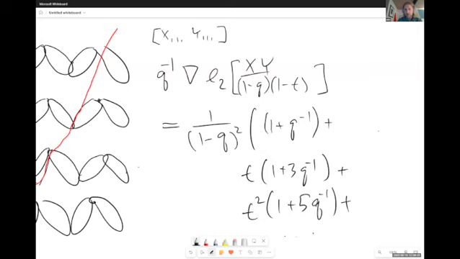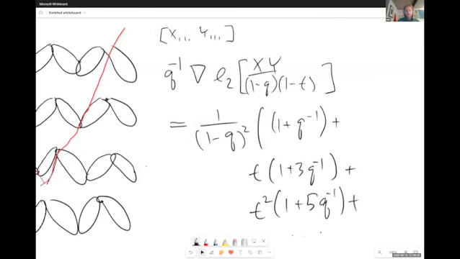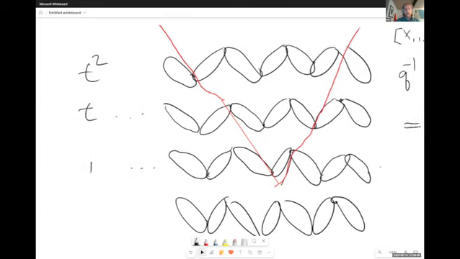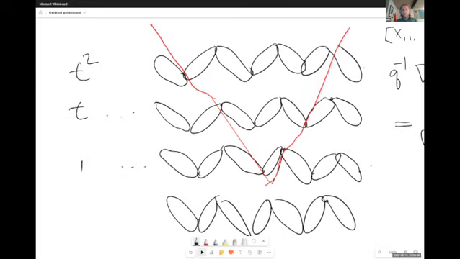You just keep getting everything the same except the coefficient in front of q inverse keeps growing; it's all the odd positive integers. Now what you can compare is that the second term, t squared, this 1 plus 5 q inverse, is in fact the Poincare polynomial of this space here, right?